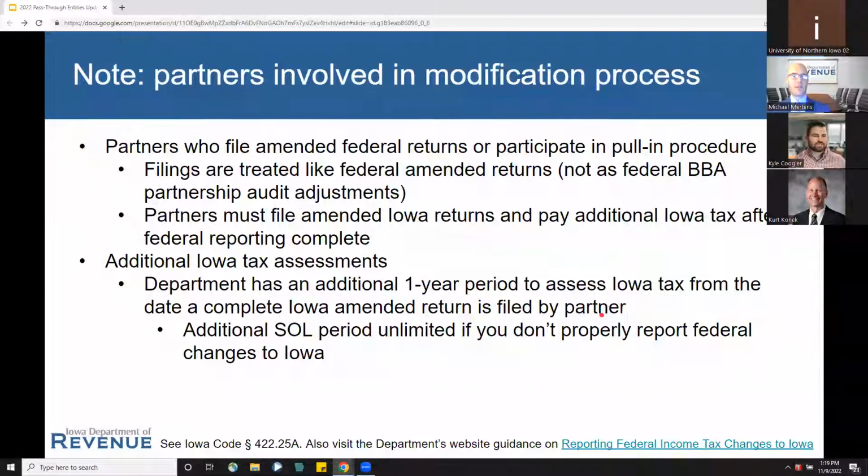So those particular partners, if Iowa tax or Iowa liability is affected, must file their own Iowa income tax return as if they were reporting a federal amended return adjustment. The department has an additional 1 year to assess tax related to those filings, just like I discussed for the federal AAR adjustments. So of course that means the assessment period is unlimited if you don't properly report them to the state of Iowa.